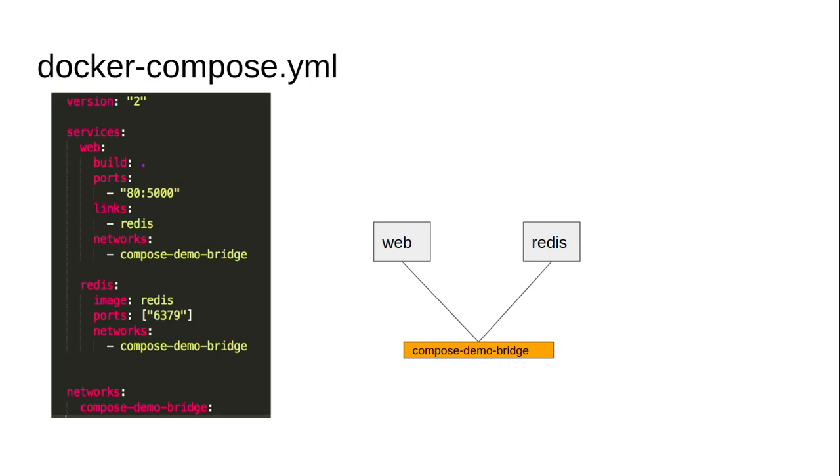Let me walk you through this compose file. Version is a key value pair, which is why we use a dictionary. Now services is a key, but its value is again a dictionary.